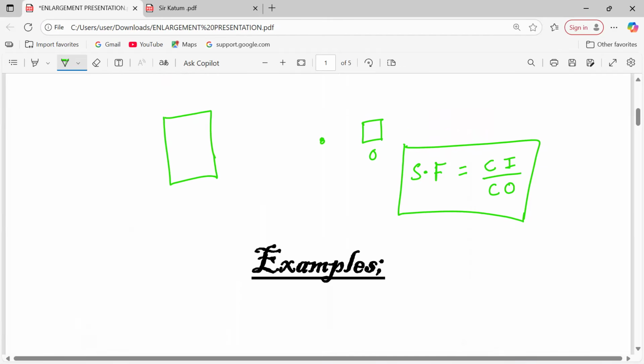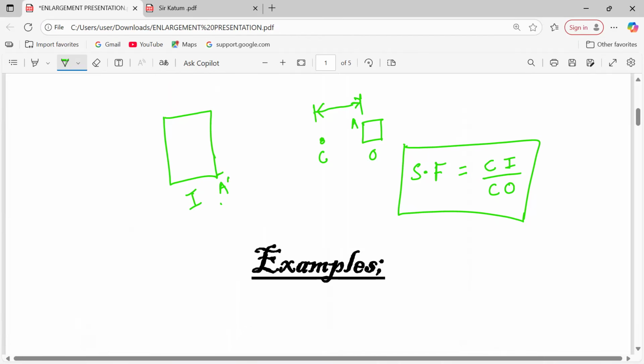If, for example, you discover that this is the center and this one is the image. Remember, we'll be getting into a clearer example from a Cartesian plane, but for now, as an illustration, this is what I'm saying. You pick the distance from the center to point A, then you pick again the distance from the center to A prime.